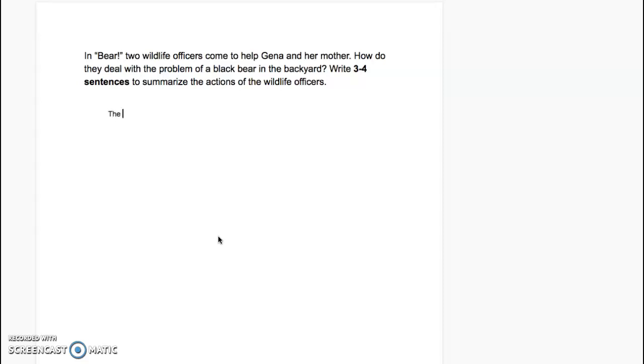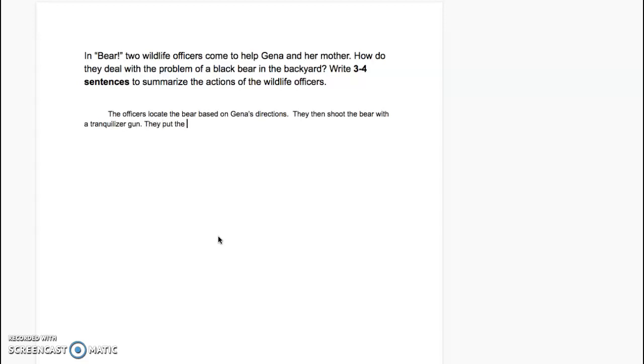So the officers locate the bear based on Jenna's directions. They then shoot the bear with a tranquilizer gun.